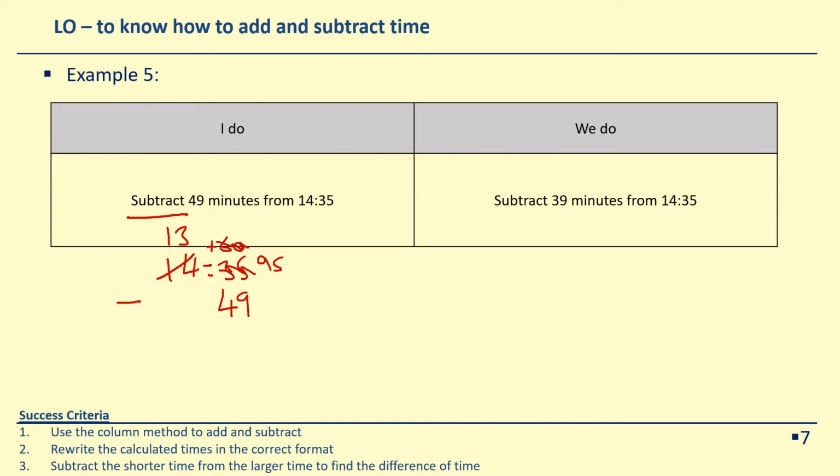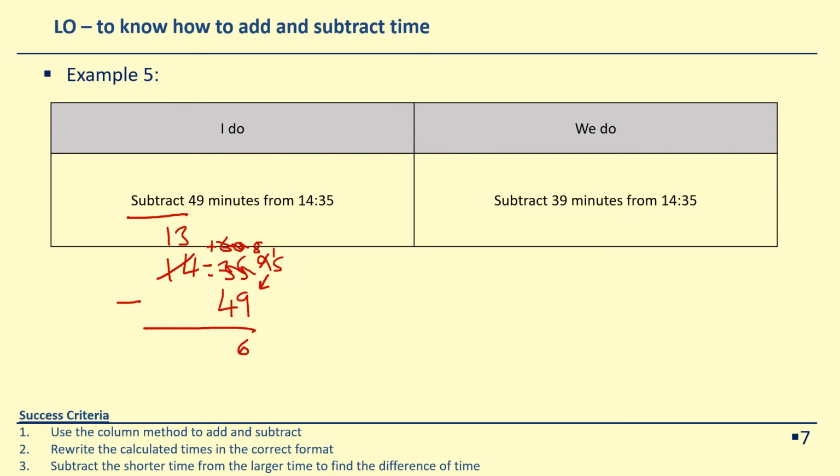Now, can we do the new sum 95 take 49? Well, we can't do 5 take 9, but like we do, we borrow from the left. So we take a 10, put the 1, we make that an 8. So now we can do 15 subtract 9. 15 subtract 9 is going to leave us with 6.